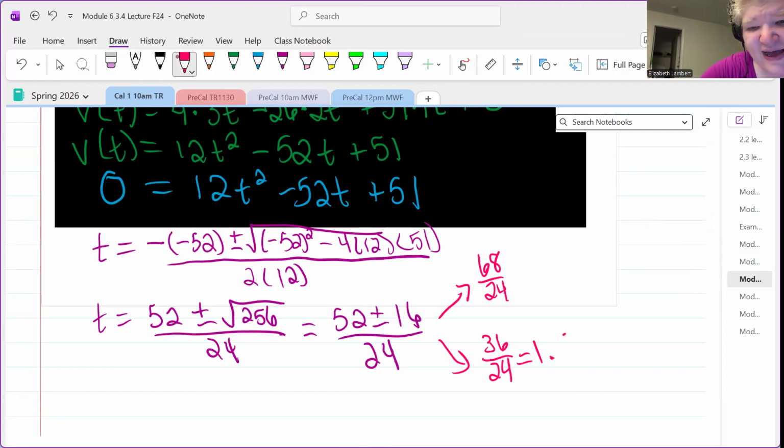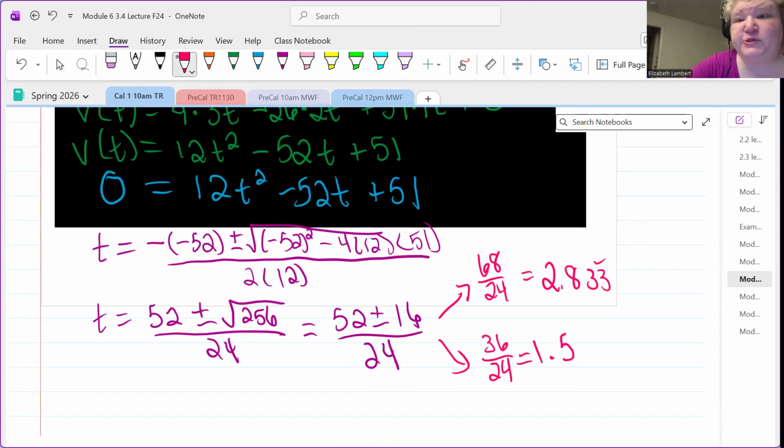That's 1.5. The 68 over 24 looks like 2 5/6. This is 2.833, where the 3's go on. I'm pretty sure that's 5/6. But 68 is divisible by 4. 24 is divisible by 4. So we'd get 6ths.